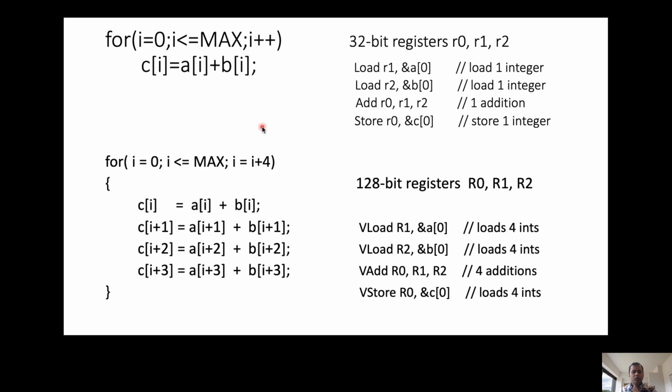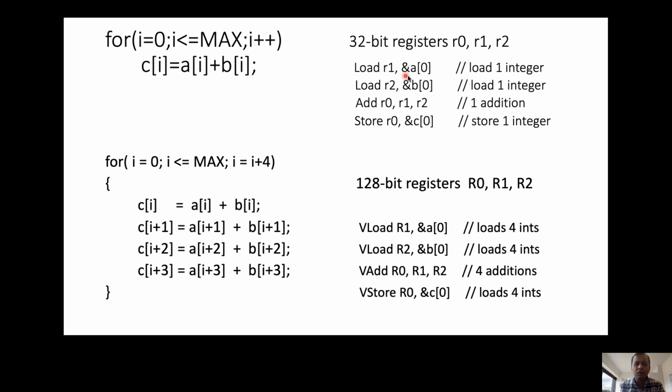All right, now if we want to compare this transformation with what it looks like at the assembly level, let's look at this. The scalar code uses, let's assume 32-bit registers here, R0, R1, R2. You could have 64-bit also, but in this example you have 32-bit registers.